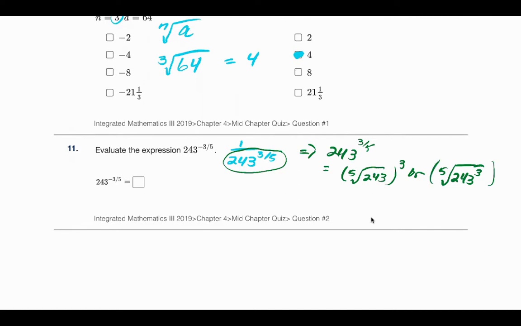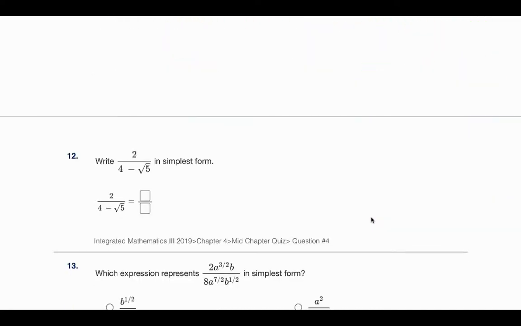This first one is going to be the easier one. Sometimes you can just see that the fifth root of 243 is going to be 3. So we're going to have 3 cubed, and 3 cubed is equal to 27. Remember, we still have that 1 on the top, and on the bottom now we have 27 because we simplified the 243 raised to the 3/5 power. And that is your answer for that one.